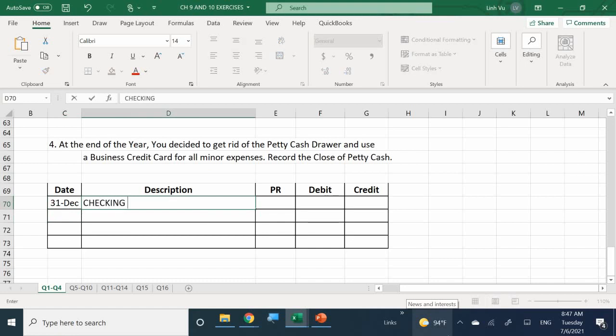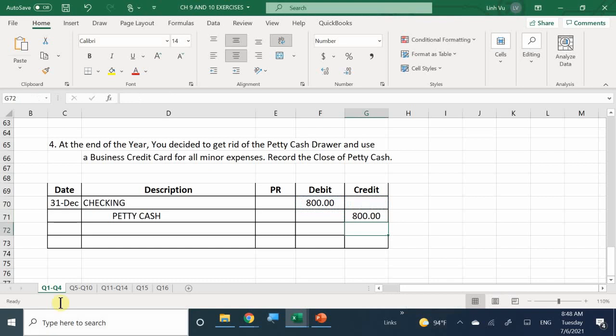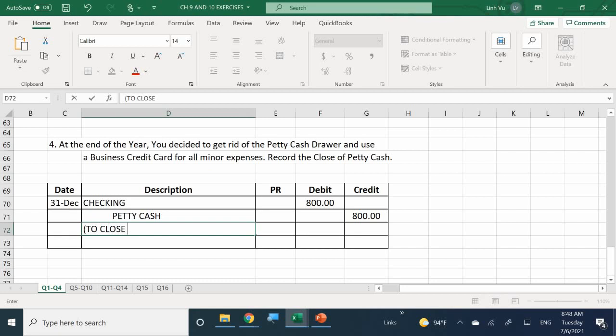You're going to take all the money from the petty cash drawer and place it right back into your bank account. No pocketing anything here. You need to put it back into your checking account. And of course, I'm going to say to close out petty cash. All right? And that is all I'm going to be testing you on: how to establish it, how to replenish it, and how to close it. Any questions?